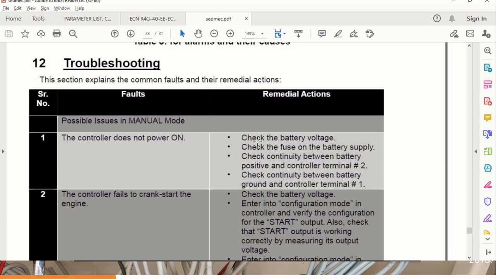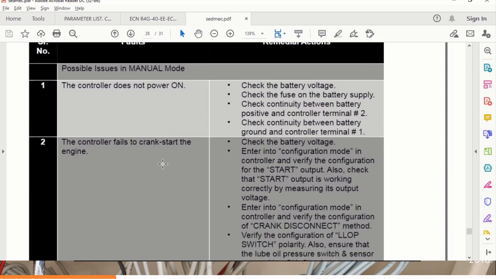These two things are very important if the controller itself is down. The most probable reason is that the DG battery is not providing sufficient voltage and the controller sometimes may reboot, or if the fuse is blown, then we will not get any input supply at the controller terminal. So this is the action.